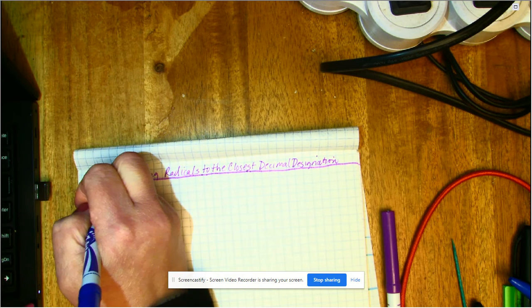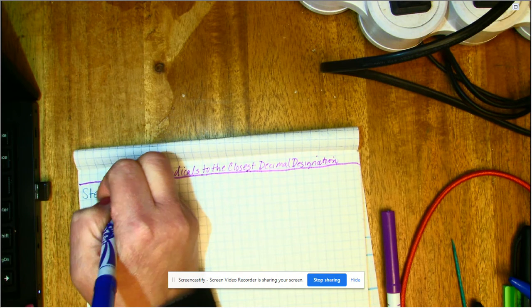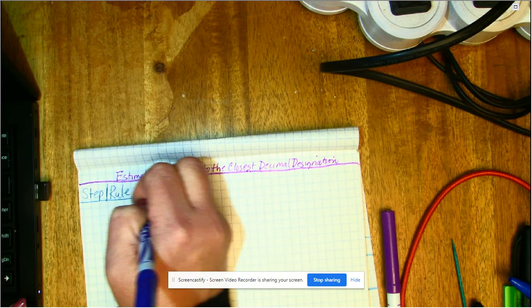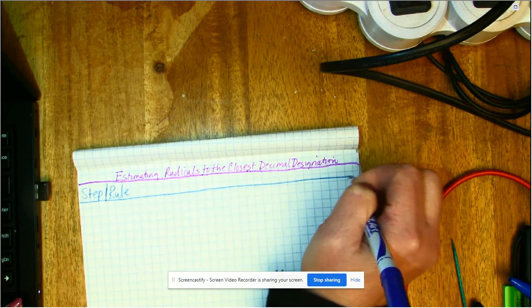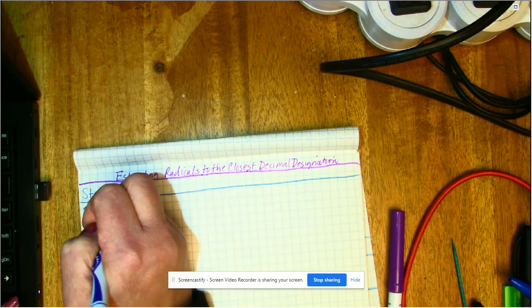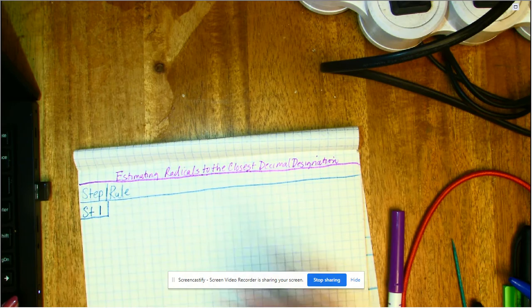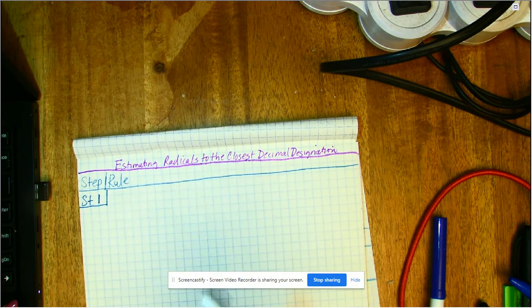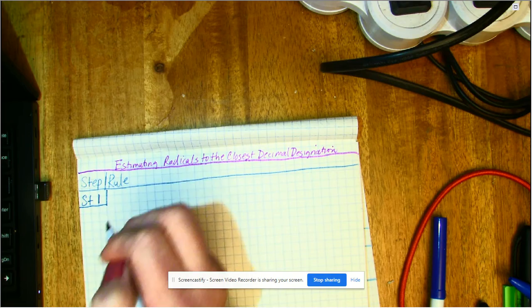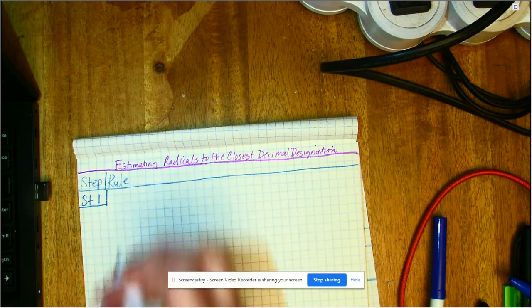Okay, the step or the rule. Step number 1 is going to be the same thing that we wrote previously.